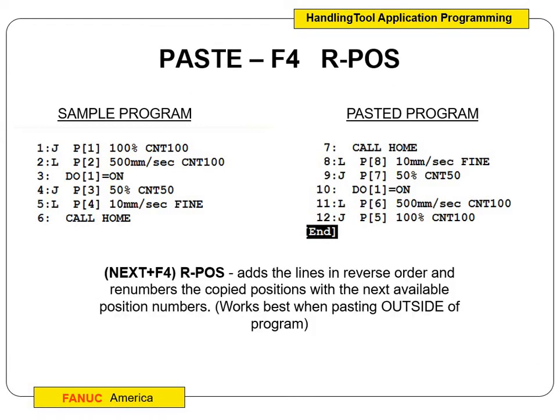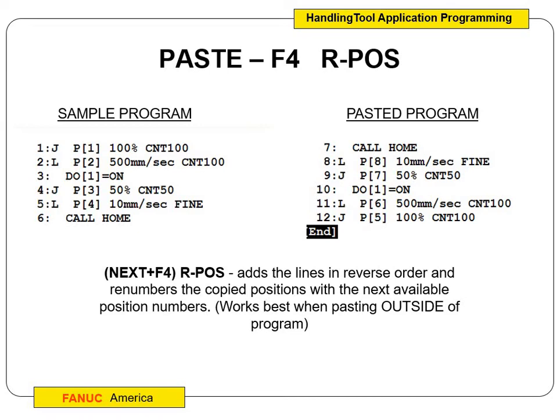Okay, so what does it do on this one? It's very similar. It takes reverse position. So it takes our lines 1 through 6. It reverses the order, it swaps them out, just like it did in the very last slide, only now, instead of keeping the same position IDs, it gives them the next new available ones.